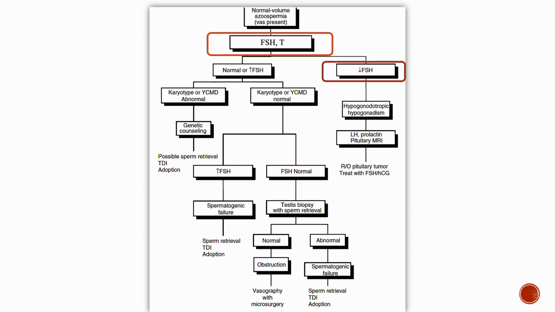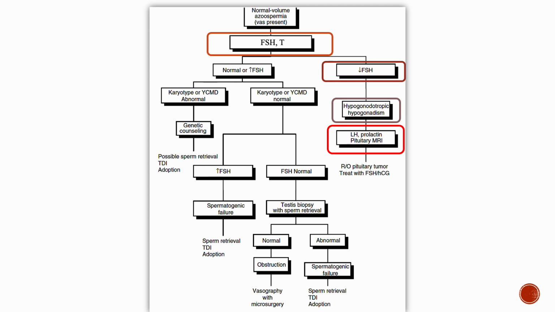If FSH is decreased, it makes the diagnosis of hypogonadotropic hypogonadism, and we have to work up on those lines by doing luteinizing hormone, prolactin, and pituitary MRI to rule out Kallmann syndrome, hyperprolactinemia, or any pituitary adenomas. So we have to work upon those lines.